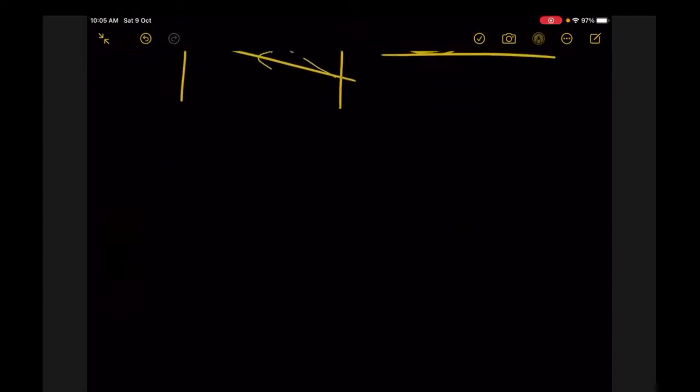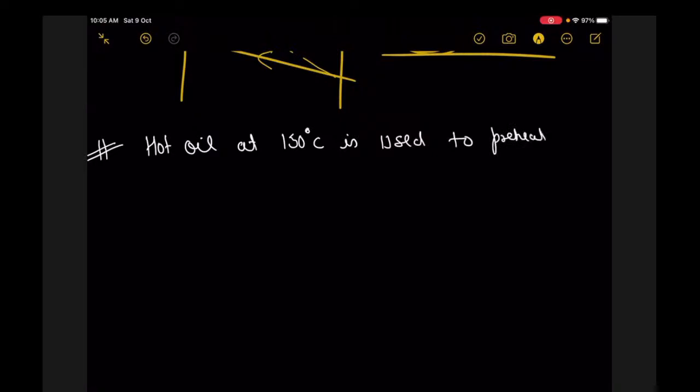Okay, write one question. Hot oil at 150 degrees centigrade is used to preheat a cold fluid at 30 degrees centigrade in a counter current heat exchanger.